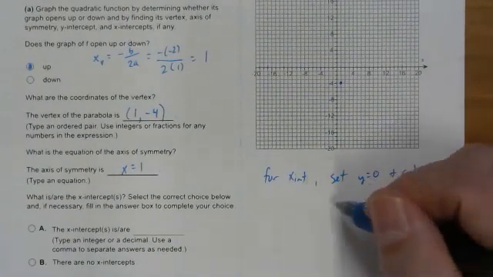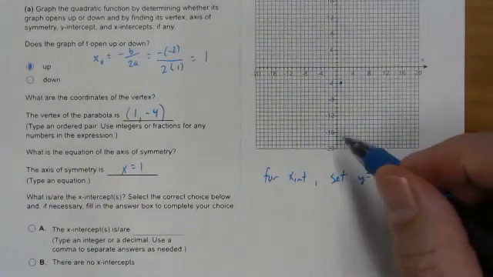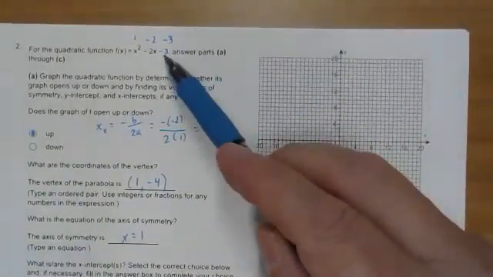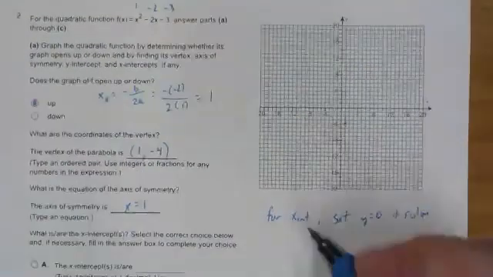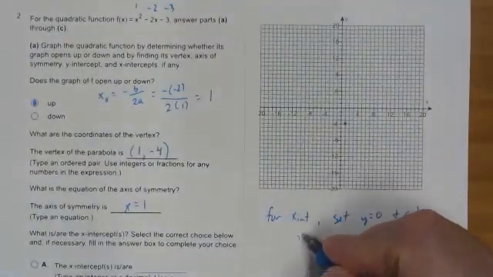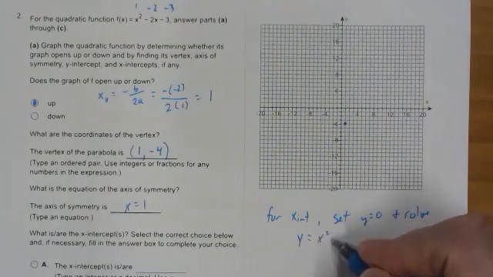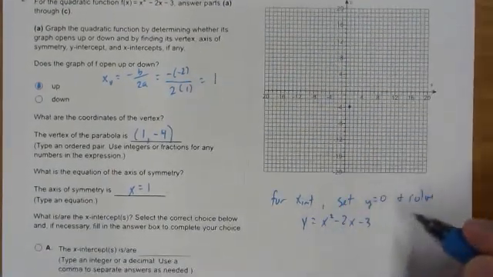I'm not going to take the time to teach about this, but this is how you find the x-intercept. You take your equation, and I'm going to replace f of x with y. So I set y equal to 0.